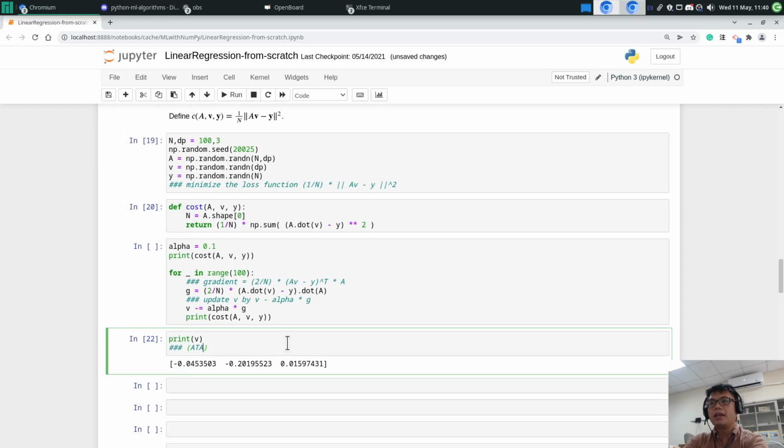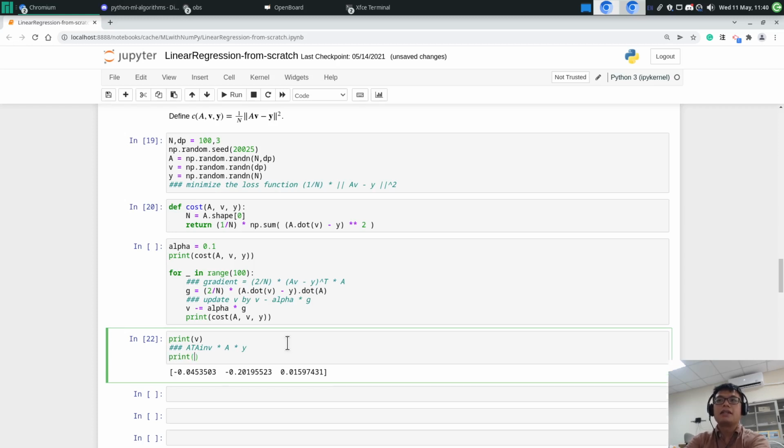But we also know that we can calculate that by the following formula, which is the projection. We can do A transpose A inverse, you know what I mean, right? A transpose A inverse times A transpose times Y is also the minimum. It is supposed to be the minimum. And let's see in this case if it is the same.